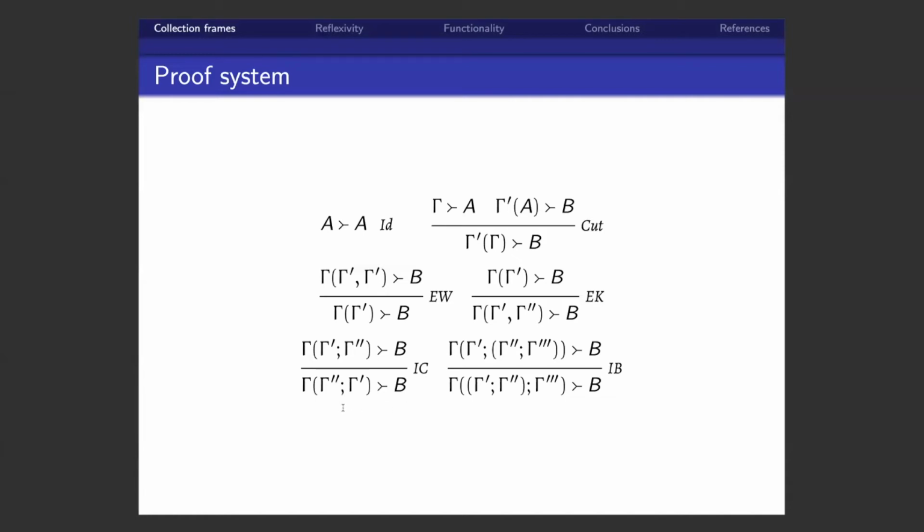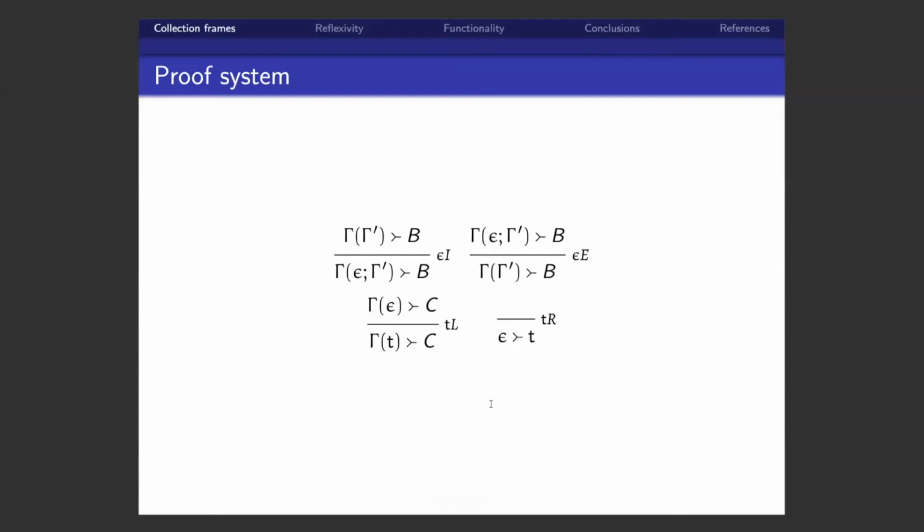Here we're focusing on RW, so we have permutation, and we have this association rule. We don't have contraction because we're working with RW. Here are the epsilon rules. Whenever we have a structure, we can pop an epsilon on the left with intensional combination. And if we have an epsilon on the left, we can pop it off. And that all works nicely.